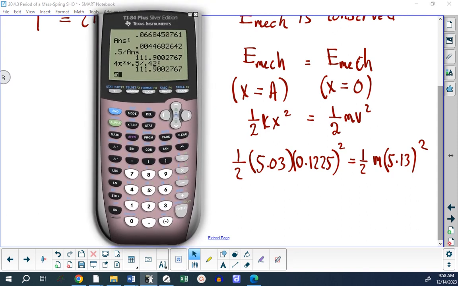I have to take 5.03 times that 0.1225 squared and divide by 5.13 squared. So I'm getting a very tiny mass, 3 grams. Are you in agreement that that's the same? Did I? 5.03. Is it 5.03? Yes. Okay, thank you.